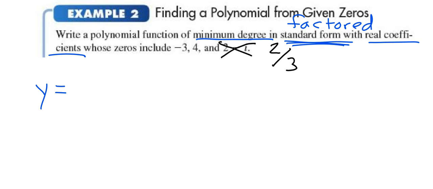We'll probably even go further than that and say integer coefficients. So we'll go even a step further than just real numbers. I'll add that in. Whose zeros include -3, 4, and you see that I got rid of the complex one and I exchanged it for 2/3.